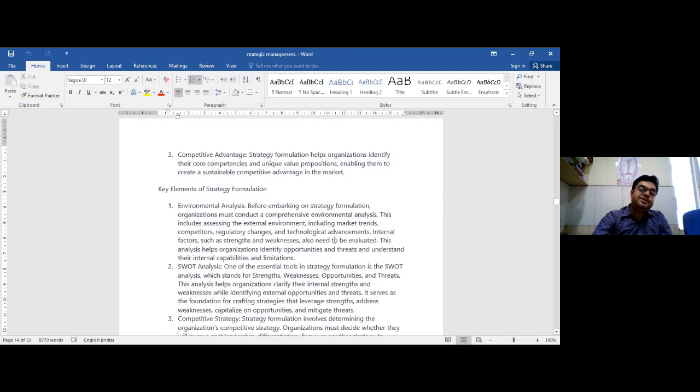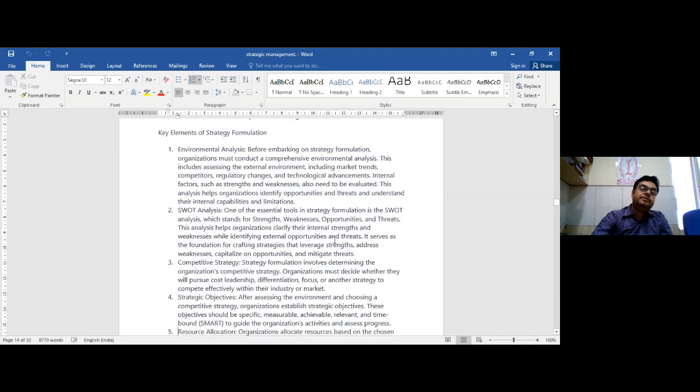What are the key elements that strategy formulation would take into account? The first key element that it involves is environmental analysis.